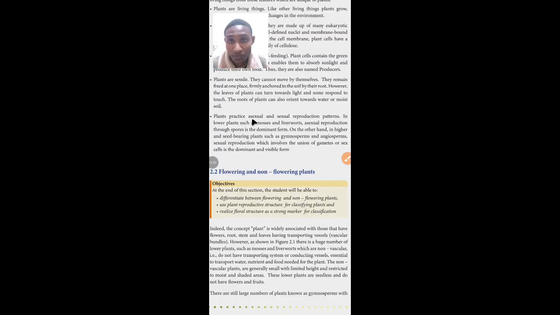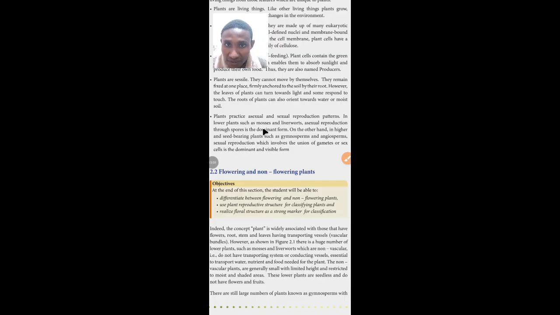So in different ways plants can reproduce, as the book says, by sexual and asexual patterns.